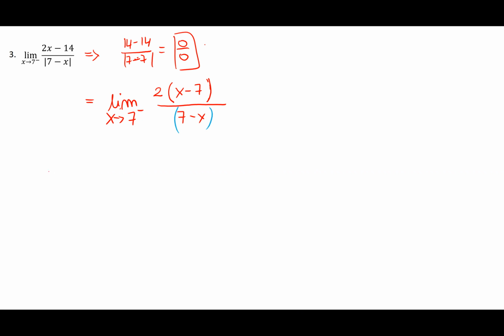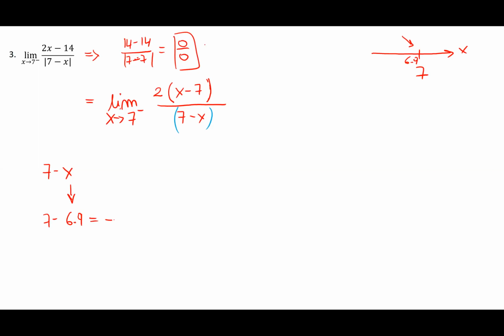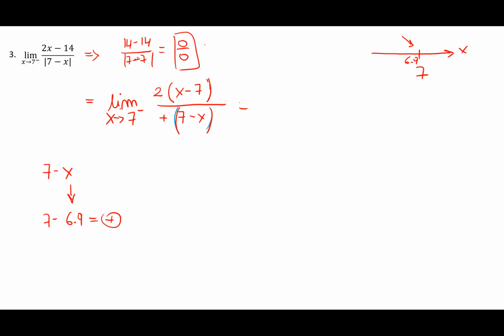Okay, let's do the same. 7 minus x, x goes to 7 from the left-hand side. 7 on the left-hand side is like 6.9. 7 minus 6.9 is actually a positive number. Okay, that means I can leave it like it is, positive.